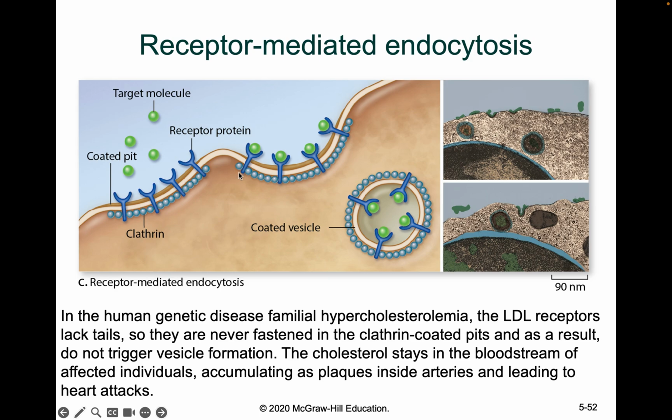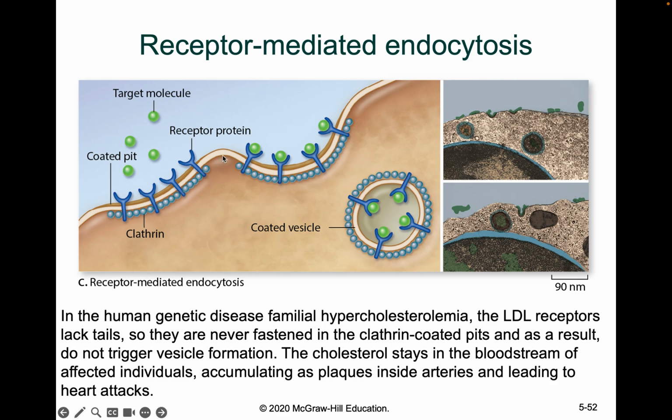This signals to the clathrin that it's time to do their job. They envelop everything around and take it inside. So you get clathrin-coated vesicles, because the clathrin is pushing the cell membrane and taking whatever is outside in. That's one way of endocytosis, and it's very specific.